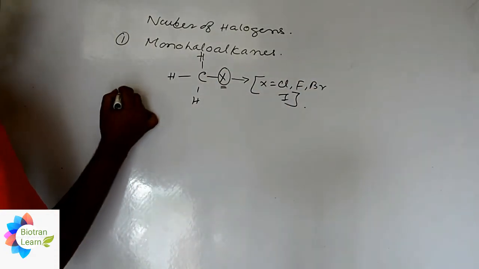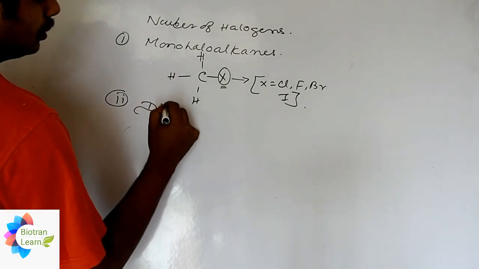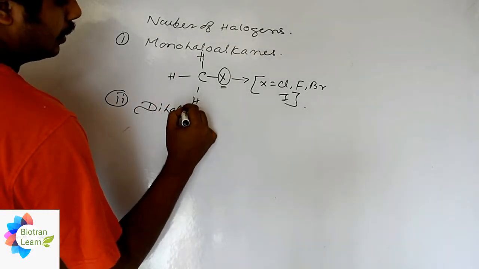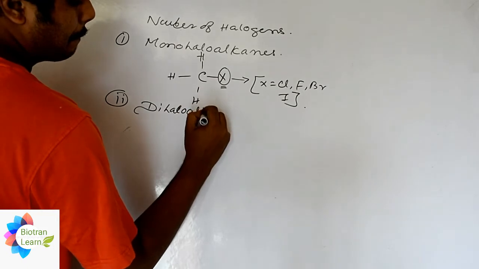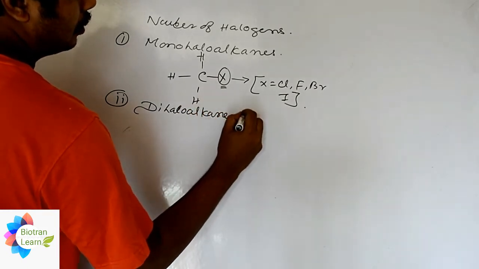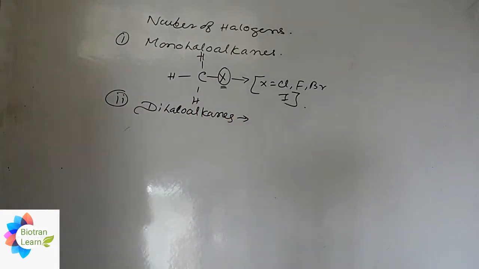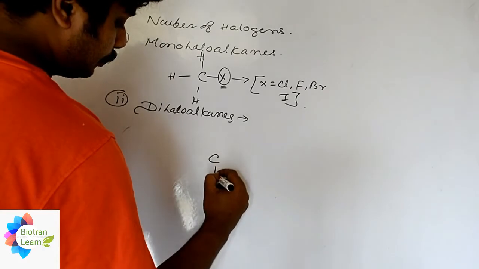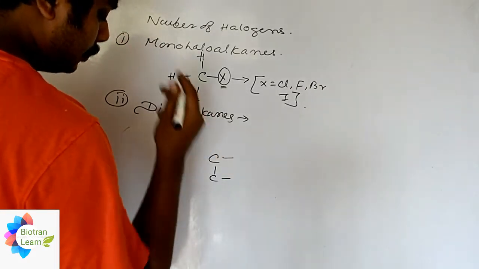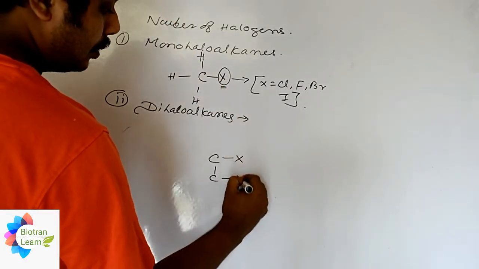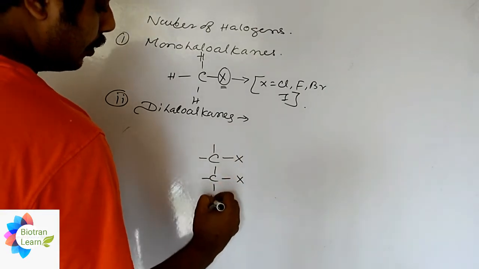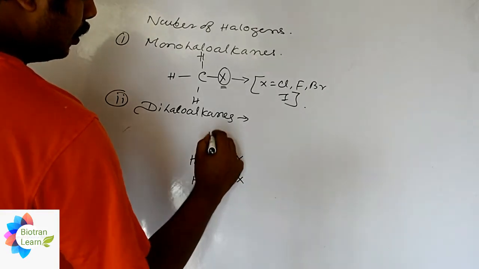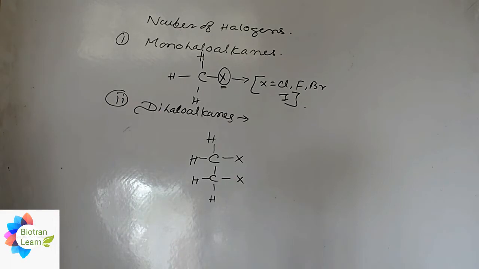In case of dihaloalkanes, we can have two structures, two carbons having C-X and the remaining will be hydrogen, right?